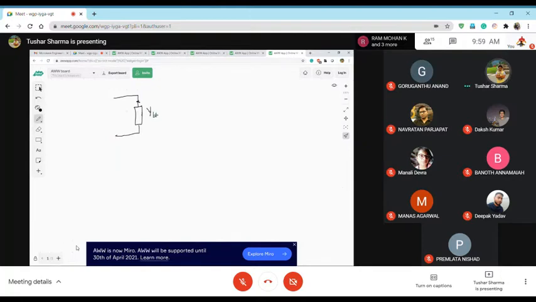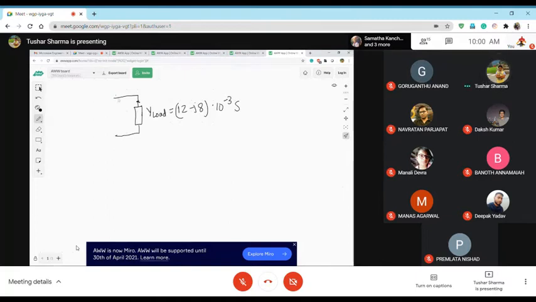Say Y load. I'm just playing around, instead of Z, I'm putting Y, which is given by 12 minus J8 times 10 to the power minus 3 S. Okay, these are the unit for admittance.